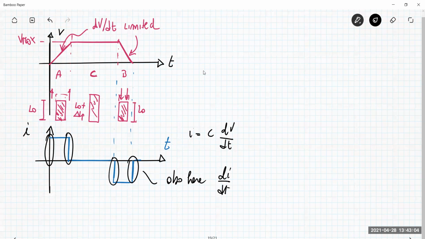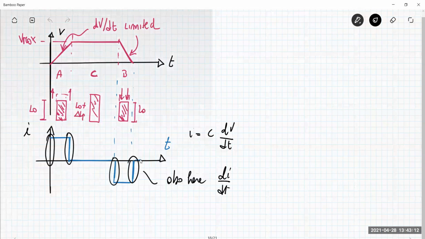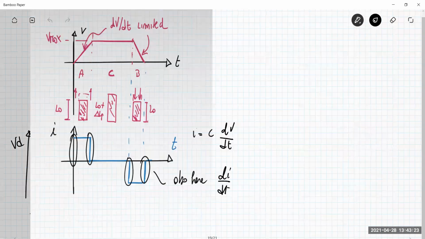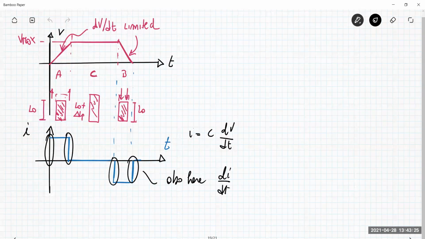If the dI/dt is very large, the voltage across this inductance would become increasingly large, which is sometimes not acceptable. So you have to have this current controlled. But anyway, this is the ideal situation that I can have.